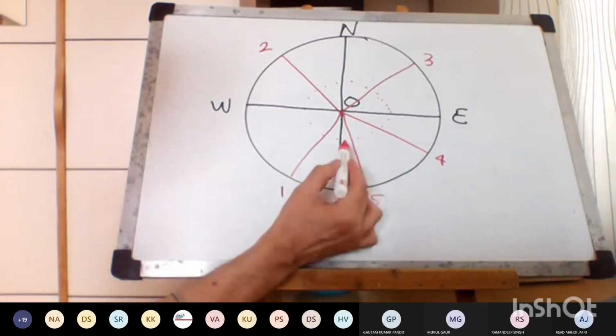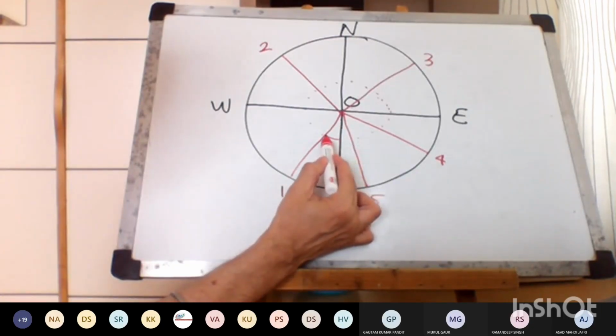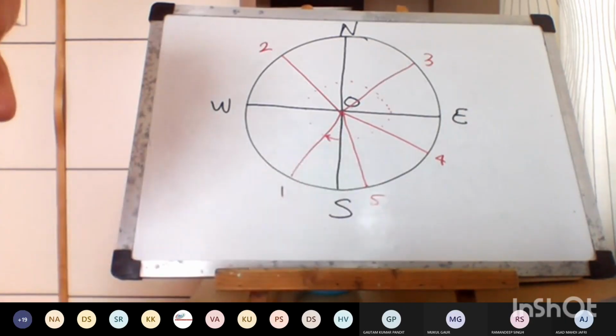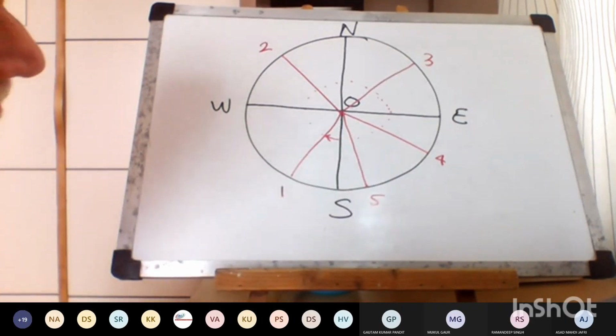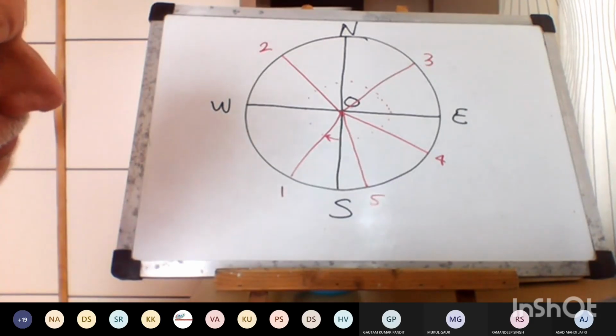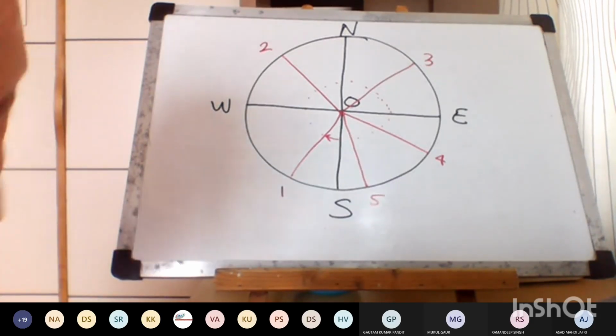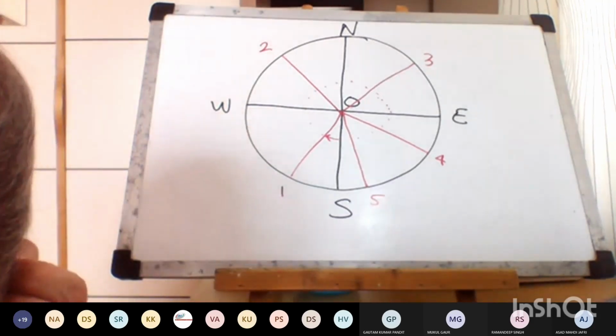For position number 1, this is the LHA. Yes or no? For position number 1, this is the LHA.